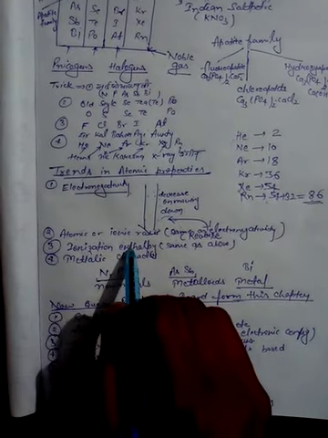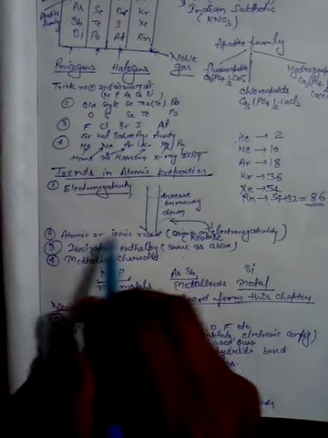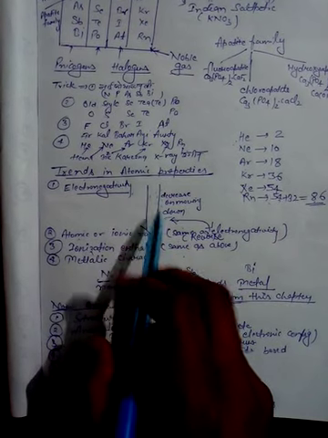Ionization enthalpy decreases from top to bottom, while atomic and ionic radii increase from top to bottom.